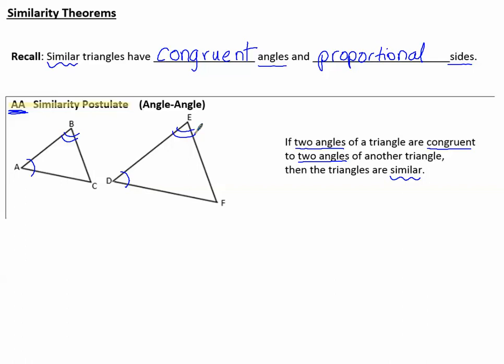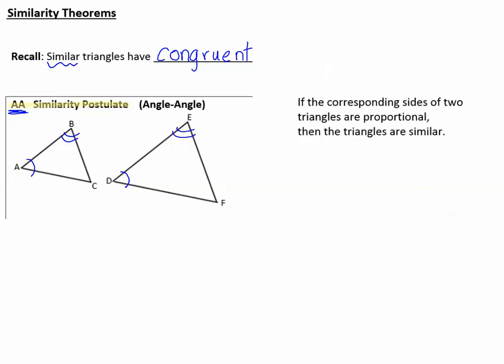First of all, remember we know that when 2 angles are congruent to 2 angles, by the third angles theorem, the third angles must also be congruent. And as you saw last time, whenever we make congruent angles, the sides are going to be proportional and vice versa. So this is enough information to say that triangle ABC is similar to triangle DEF.